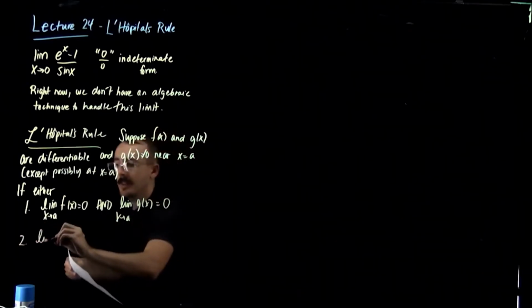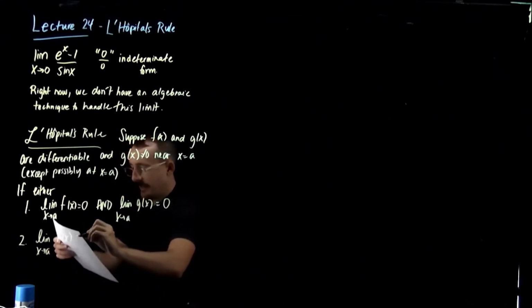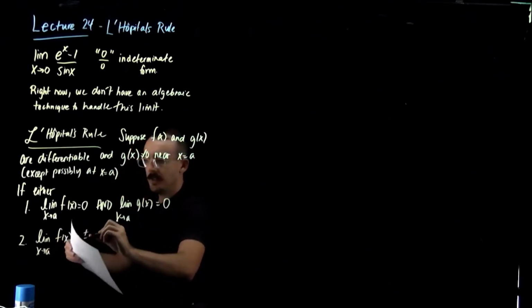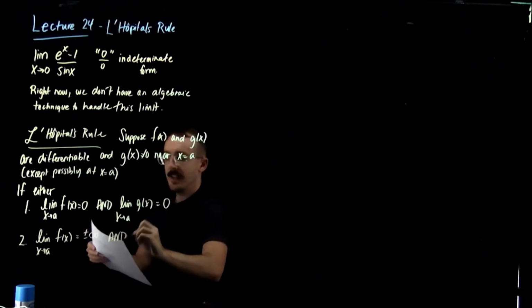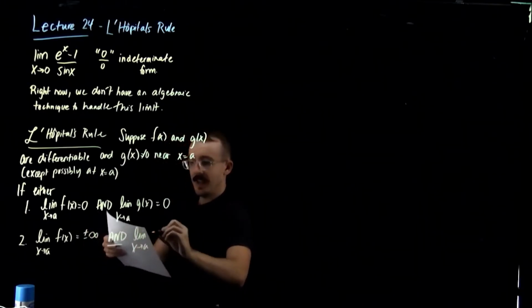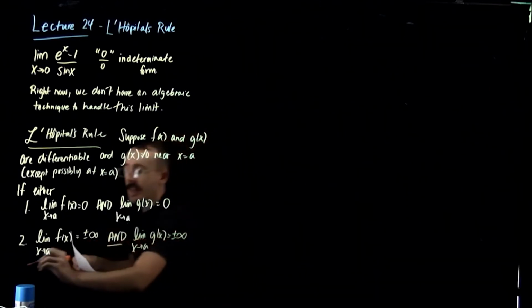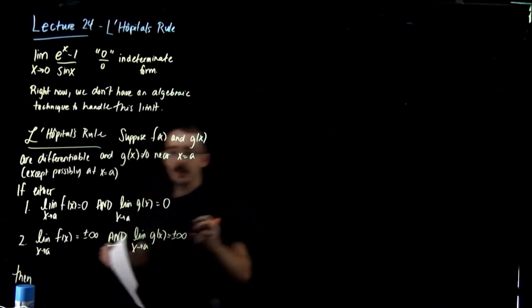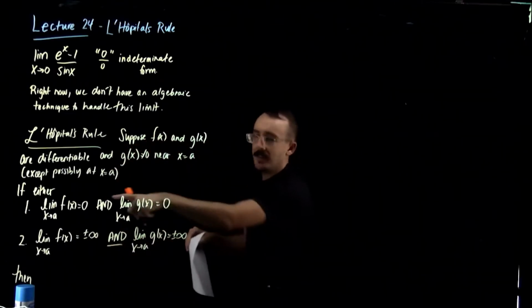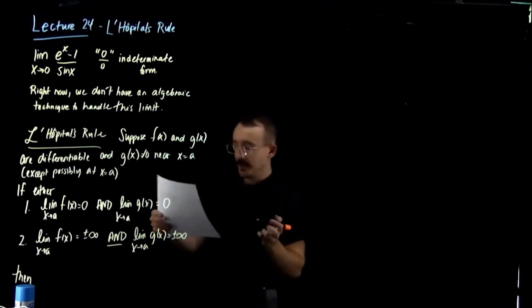Or the limit as x goes to a of f of x equals plus or minus infinity, and the limit as x goes to a of g of x is plus or minus infinity, then, so if one of these two things is true, either this one's true or the second one's true, then you get the following conclusion.